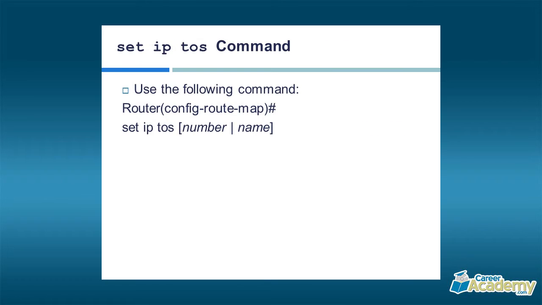The set ip tos command. To mark packets using the IP TOS field, we use the following command: set ip tos with a name or number. The TOS field in the IP header is 8 bits long, with bits for setting the class of service, and 3 bits for the IP precedence. The other bits are used to set, if you want, the cost, reliability, throughput, and delay.